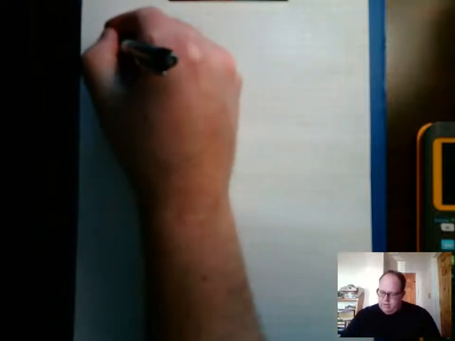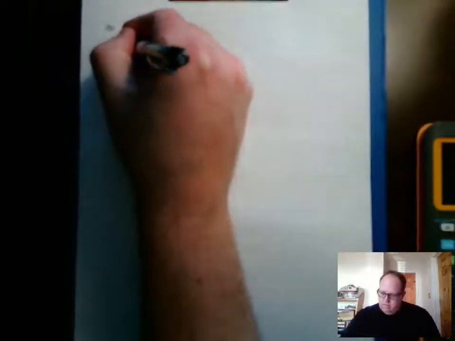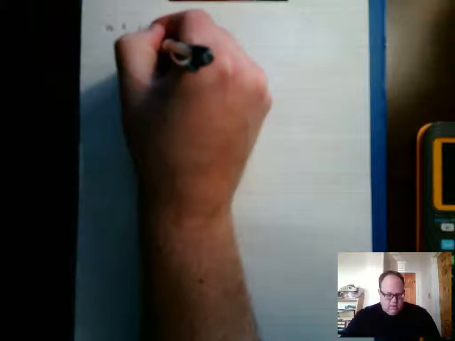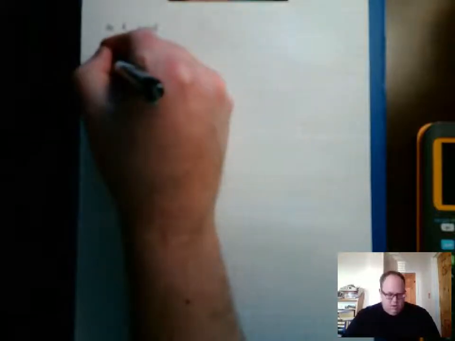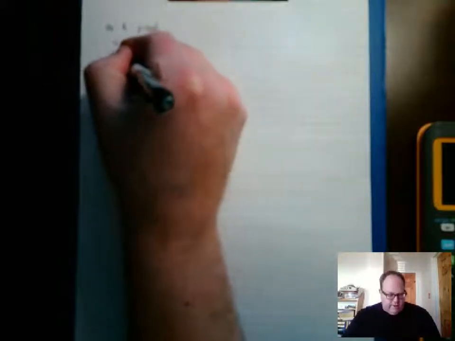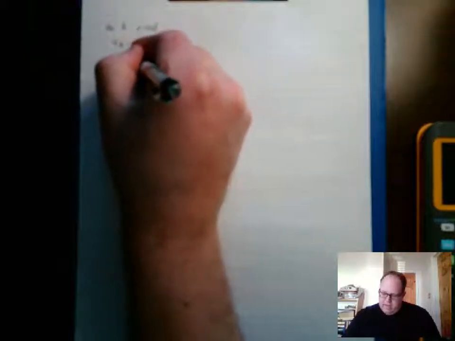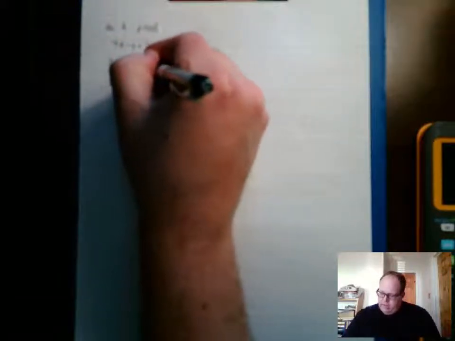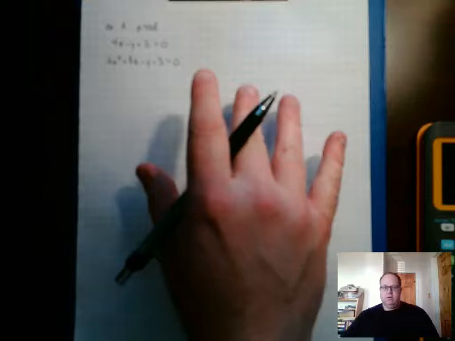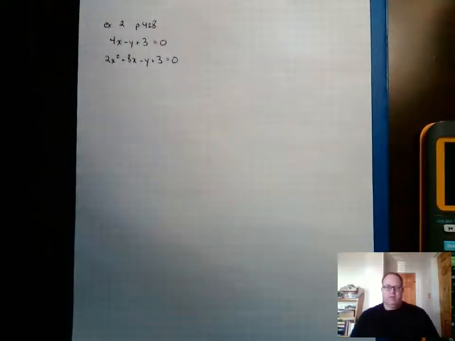So, in this example, we are given two equations: 4x minus y plus 3 equals 0, and 2x squared plus 8x minus y plus 3 equals 0. There, that's better. Okay, so this is our system of equations.